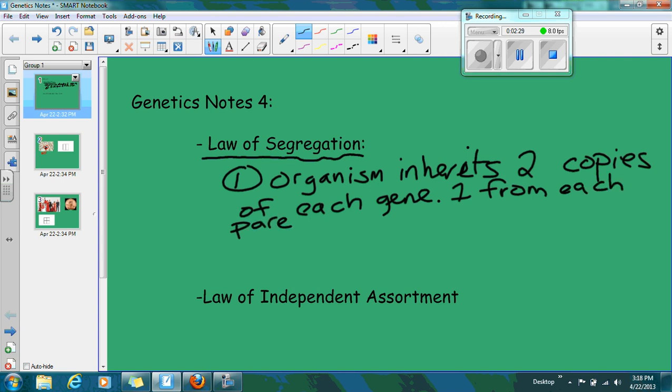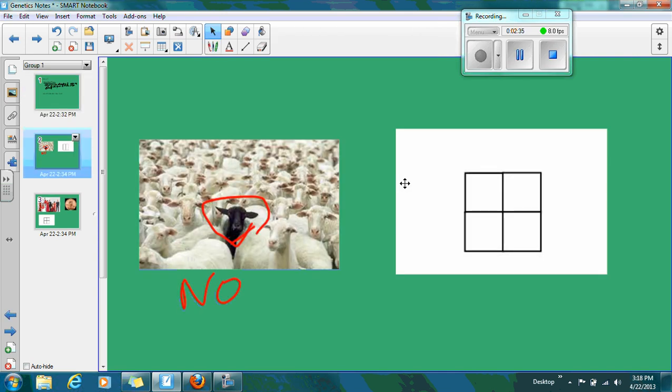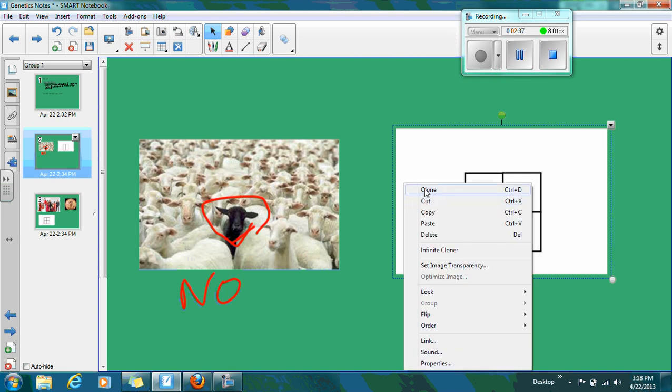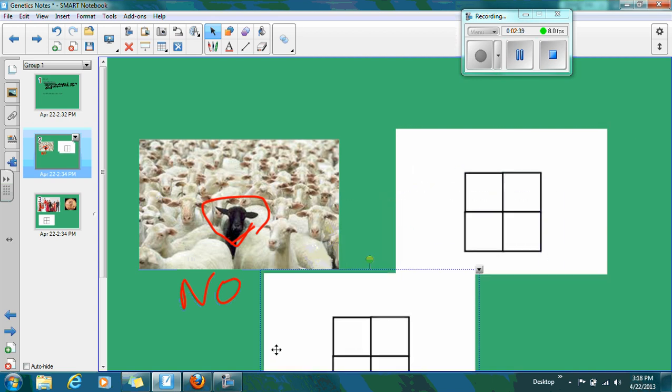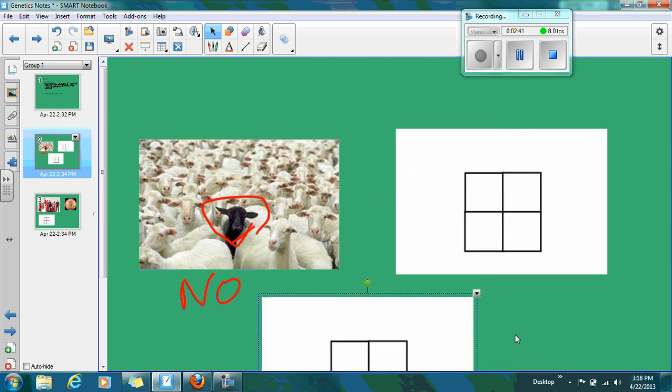I'm going to explain this in a second. If we go over here to our Punnett square, let's say we have big H, little h, big H, little h.